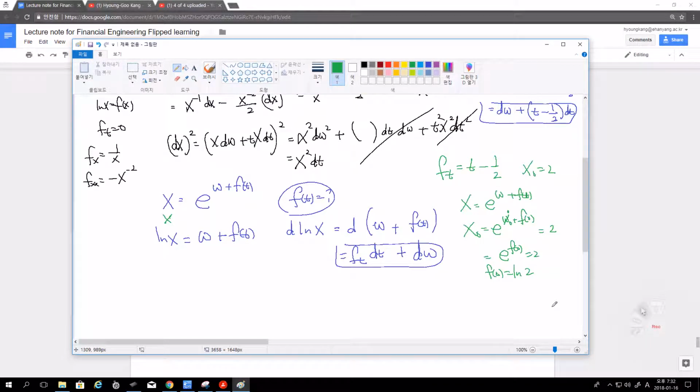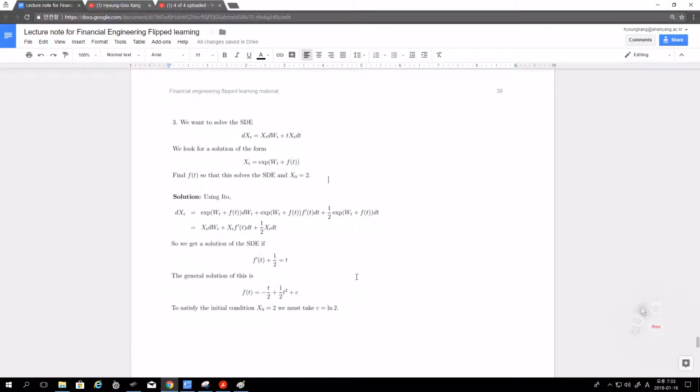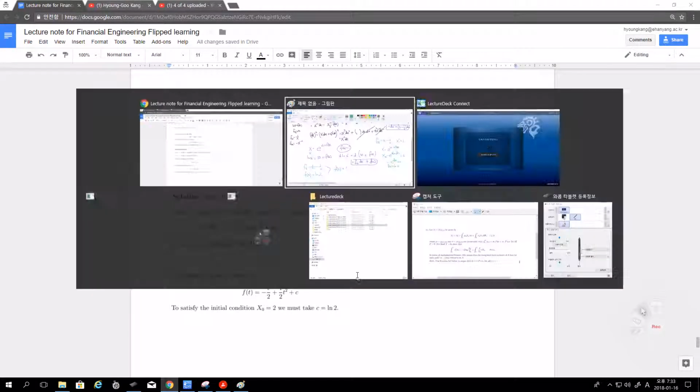So our goal is now we have f'(t) equals t minus 1 over 2, right? And then f(0), which is log 2. And our question is, given these two conditions, what is f(t)? Right? And if we solve this one, we are done.